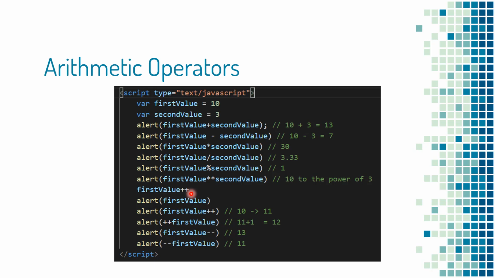It's really important to know that in JavaScript, you may use these operators before or after the variable. If you use it before, the addition is done before you use the variable. But if you have it at the end, you use the variable first, then the addition takes place.